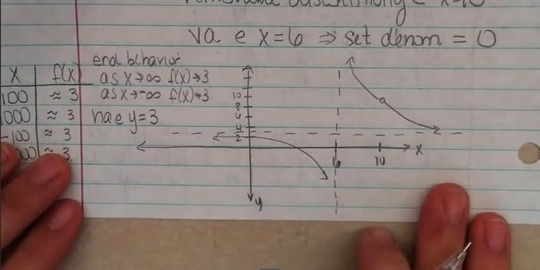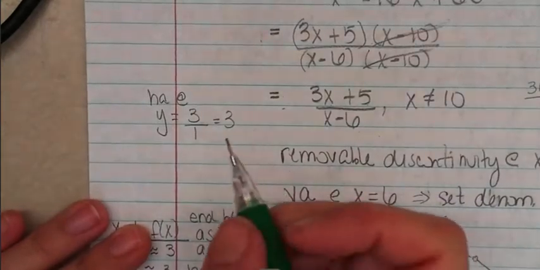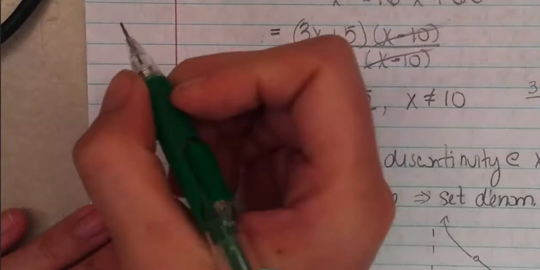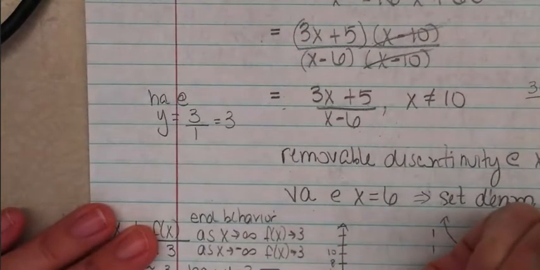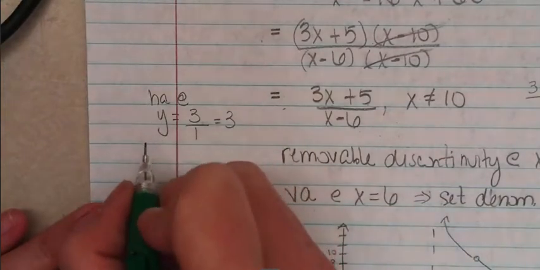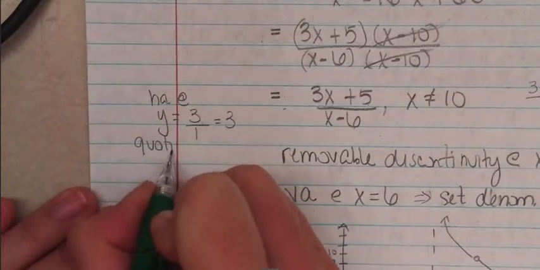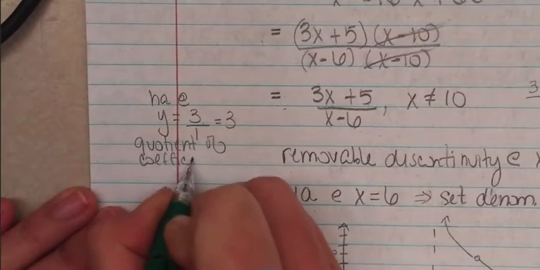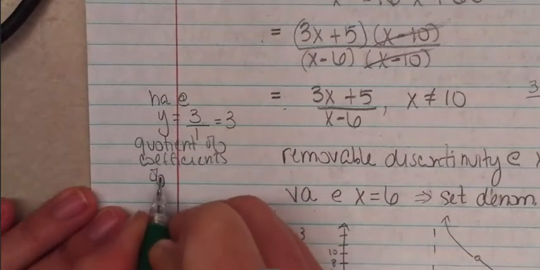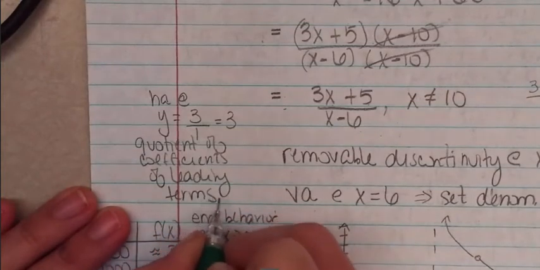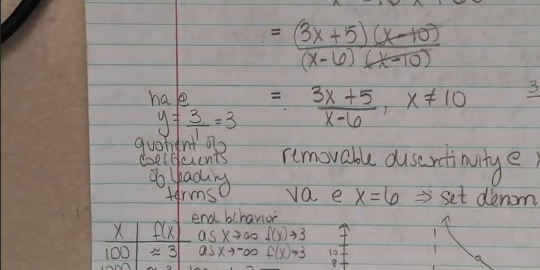We might want to put a little note here: the horizontal asymptote is the quotient of coefficients of leading terms. How about that? And you might want to highlight that.